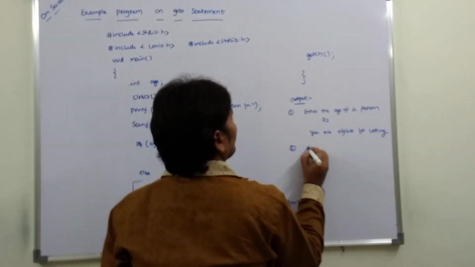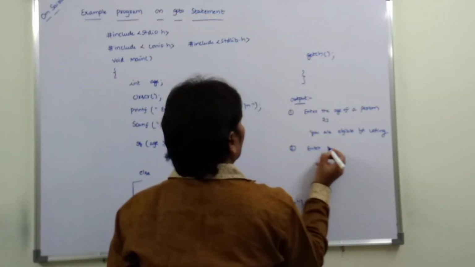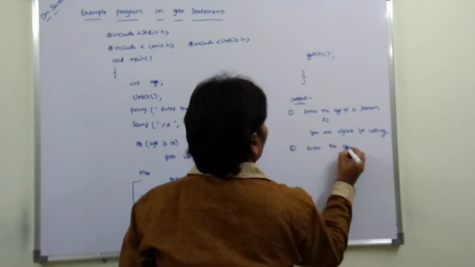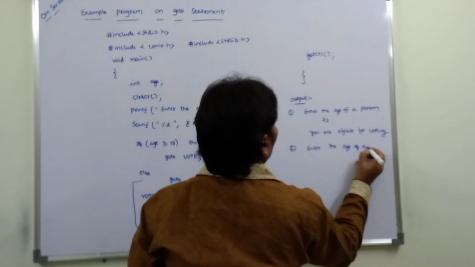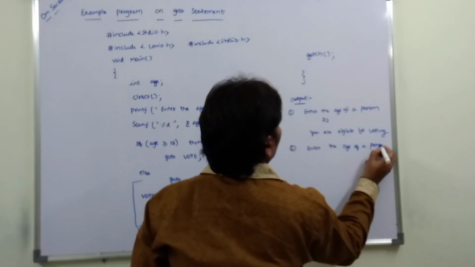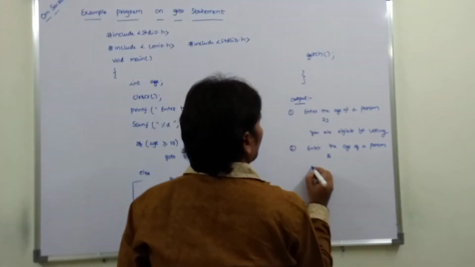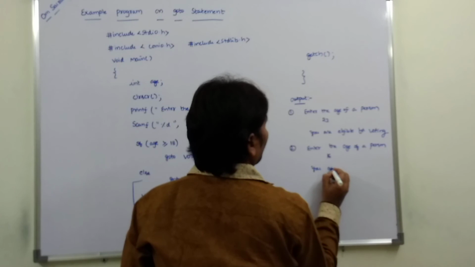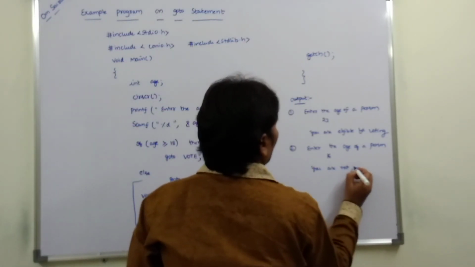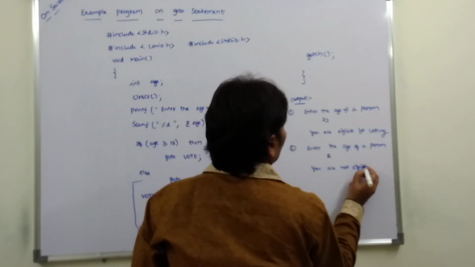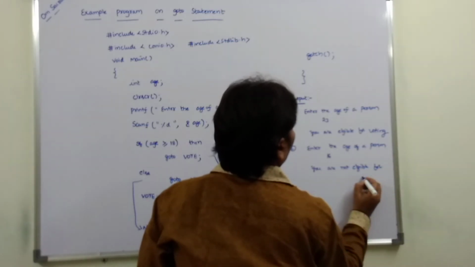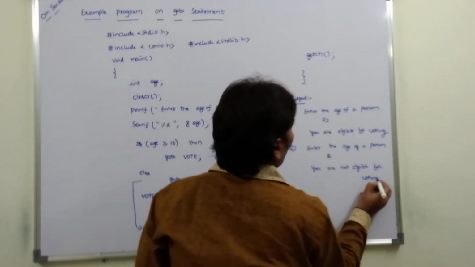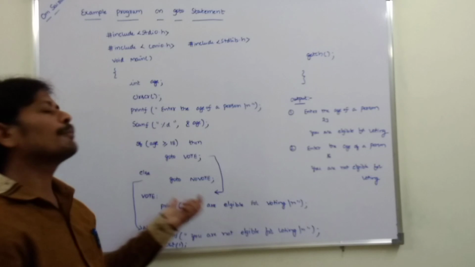Second output, enter the age of a person. That is 16. You are not eligible for voting. So this is the output of the given program.